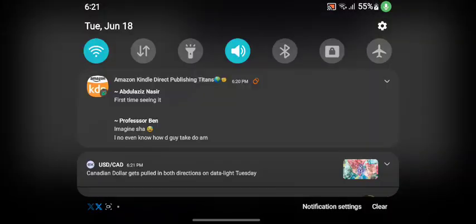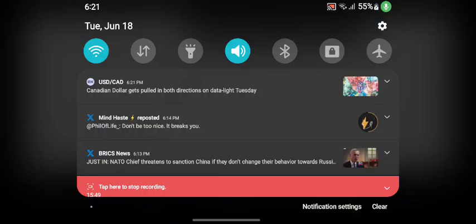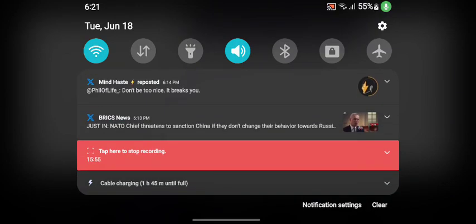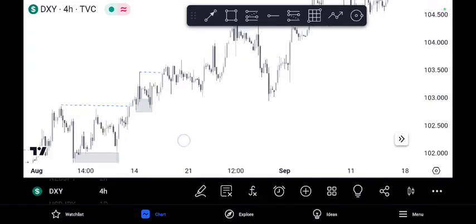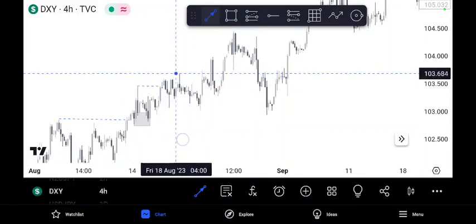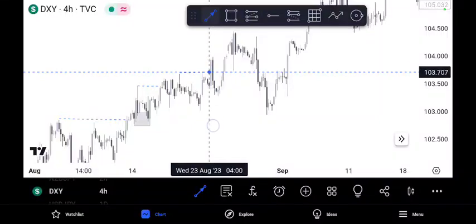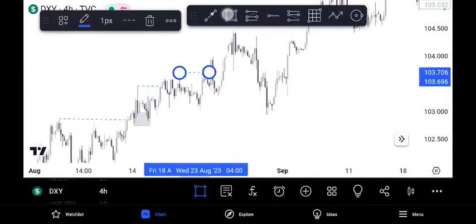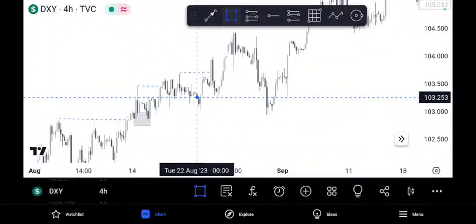I'm trading that pair. CAD dollar gets pulled in both directions, so I'm just being observant. Price broke structure to the upside, that's BMS, and then price bought from here.